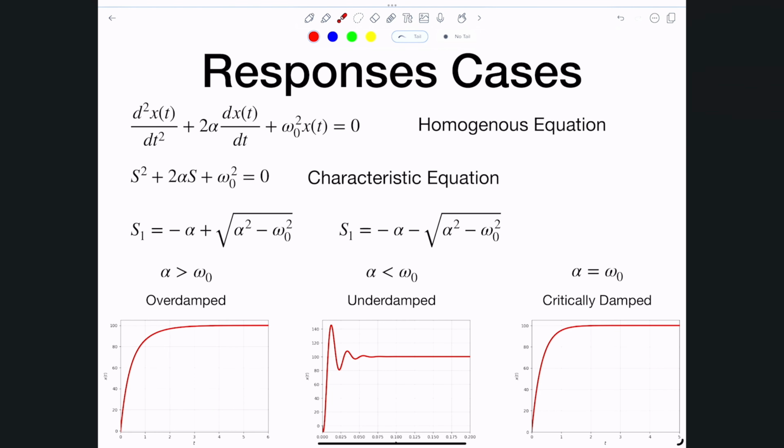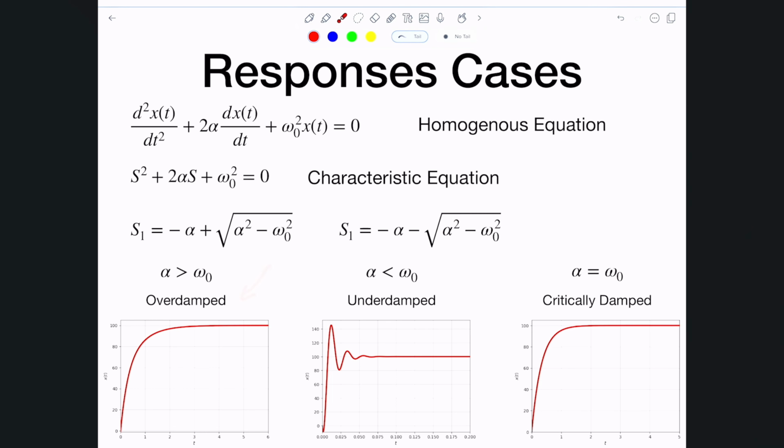If alpha is greater than omega 0, so that the discriminant is positive, then S1 and S2 will be all real. Alpha is a positive term, so we have negative minus negative, and we end up with a couple of real and distinct solutions.